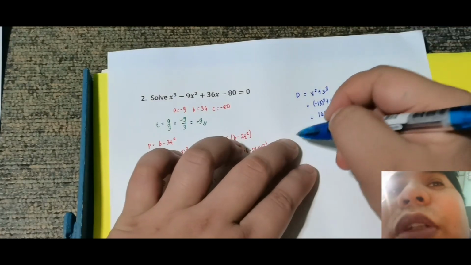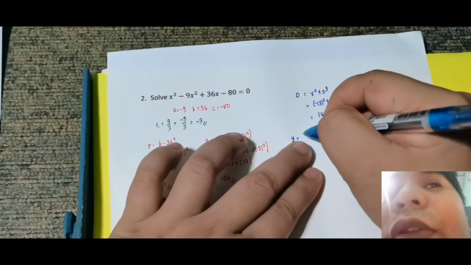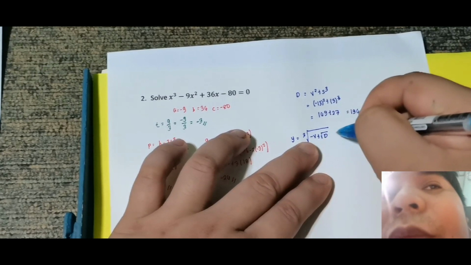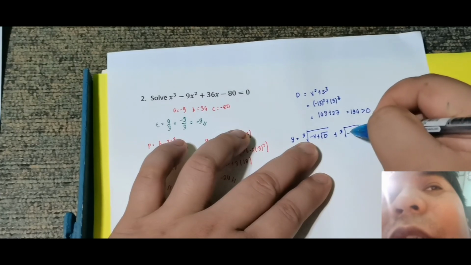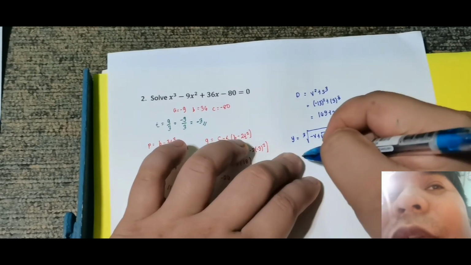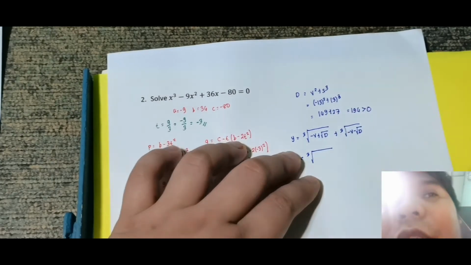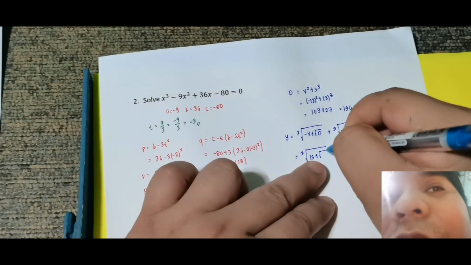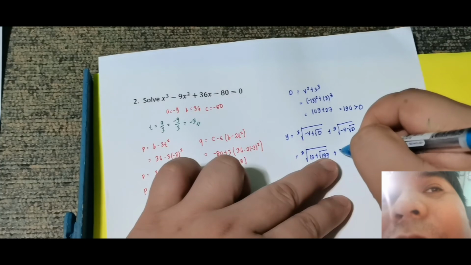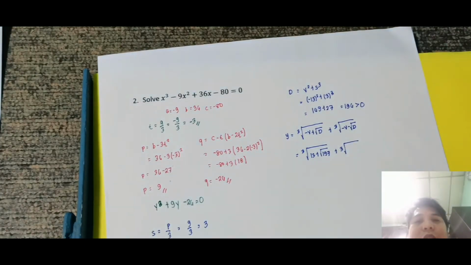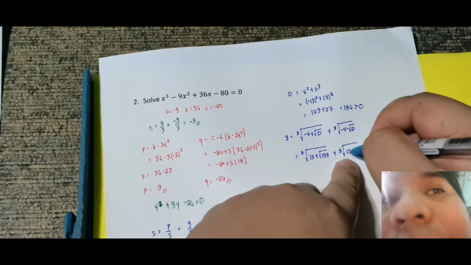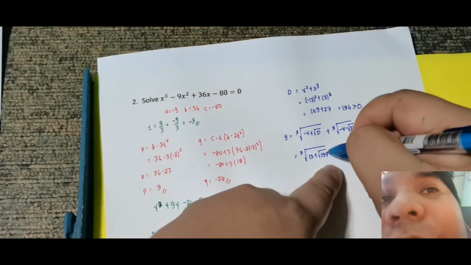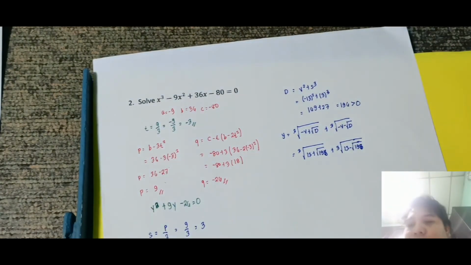Next, we need to solve for the value of y. So y is equal to the cube root of negative b plus square root of d plus cube root of negative b minus square root of d. So this is simply cube root of negative b, which is positive 13, plus square root of 196.